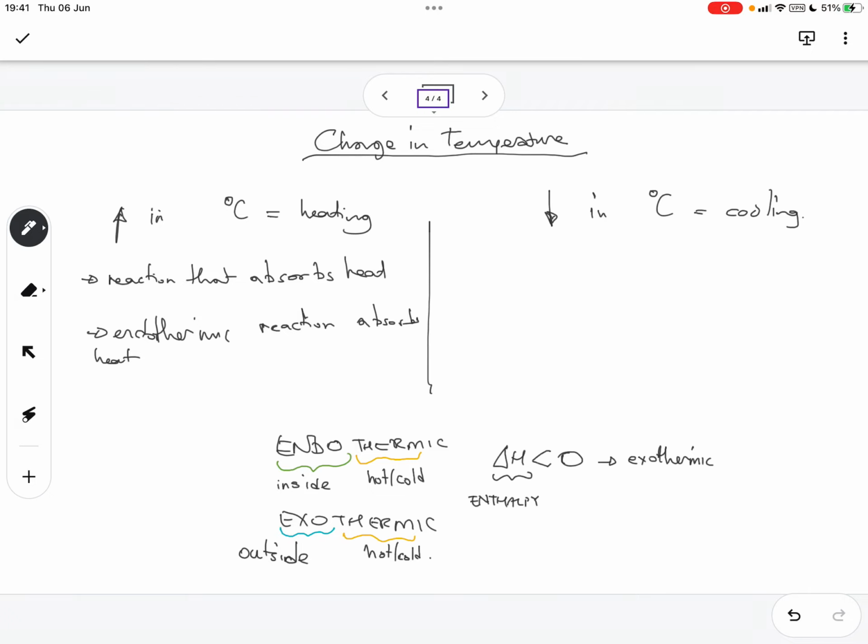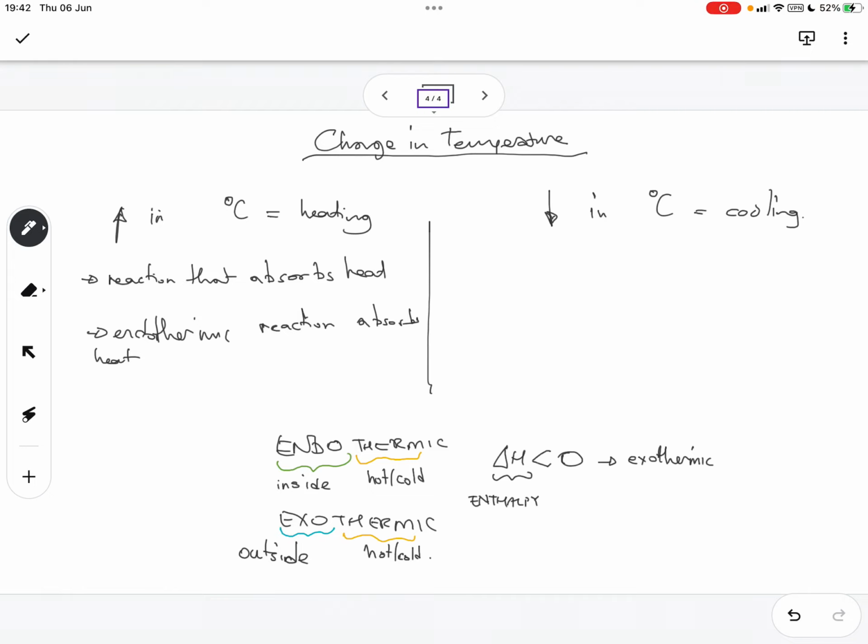So if that enthalpy change is negative, then it means the reaction is exothermic. If you want to visualize it in graph form, you have reactants giving products, and there's a certain energy that the reactants are at when they combine.